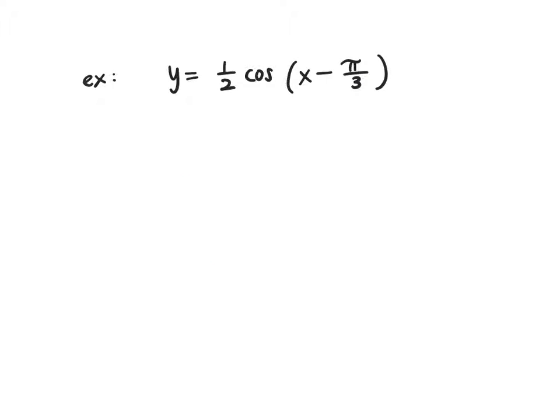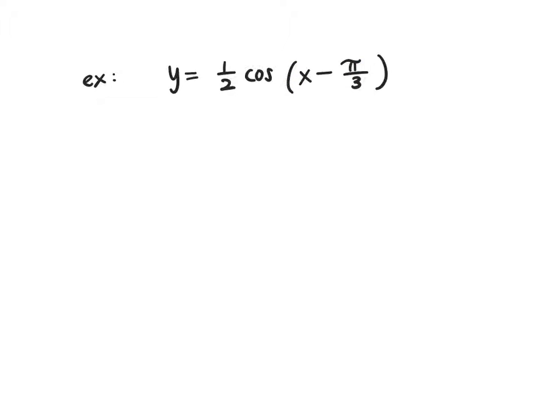Let's take a look at this example here. Y equals 1/2 cosine of the quantity x minus pi over 3. So I notice that I have an a value that's different, so a vertical shrink by 1/2, and I have a phase shift. I'm going right pi over 3. I can see that it's right pi over 3 because it's a 1 there. I don't need to factor anything out.